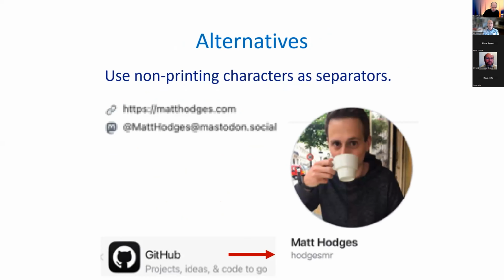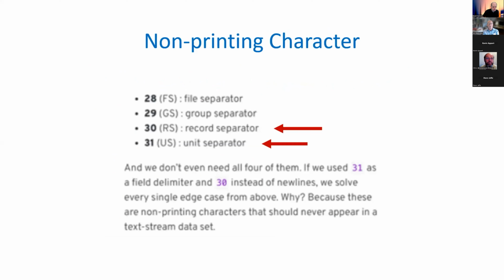So what are the alternatives? In researching this, I saw an interesting post derived from GitHub by Matt Hodges, and he said, let's consider non-printing characters as separators. The ones he's proposing is to use the hexadecimal 31, I guess it's hex 31, as a field delimiter instead of the comma, and the hex 30 instead of the return for new lines.